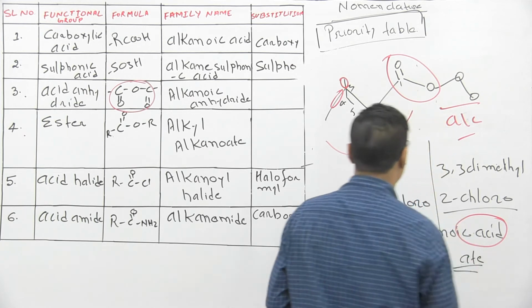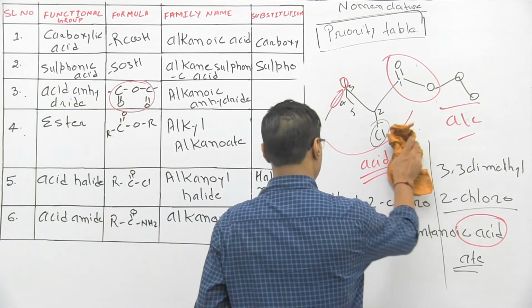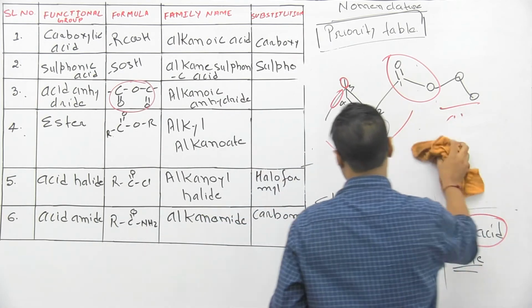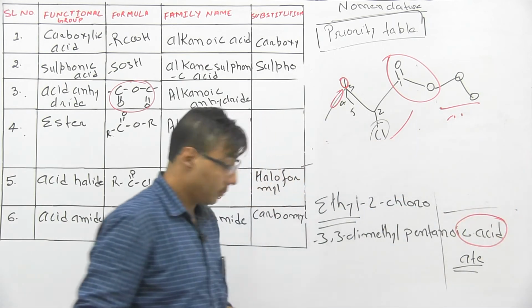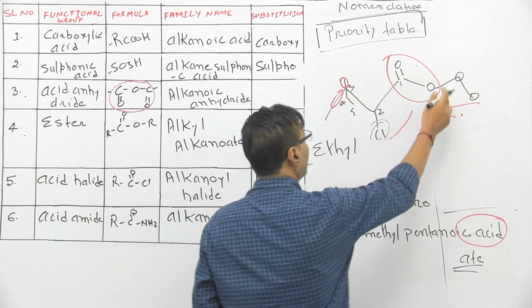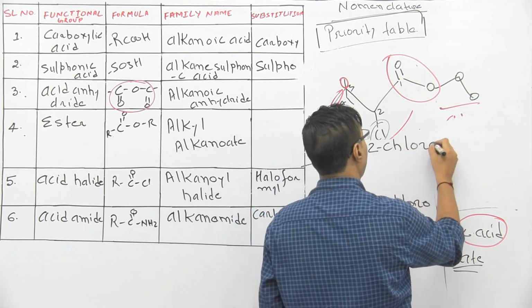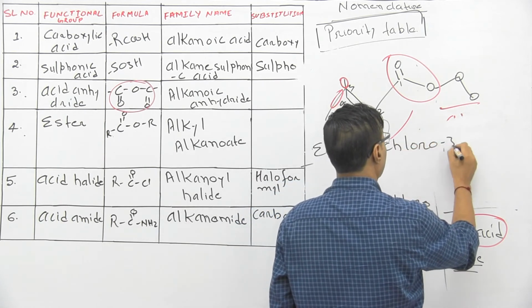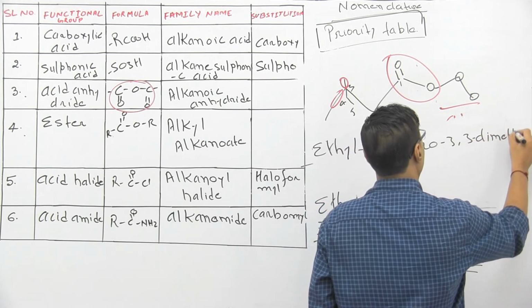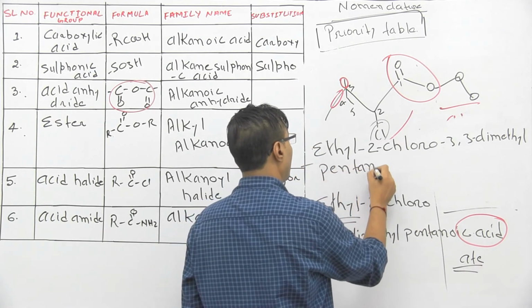So finally, what will be the name? Final name will be ethyl, because 2 carbon in alcohol, ethyl 2-chloro, 3,3-dimethyl, pentanoate.